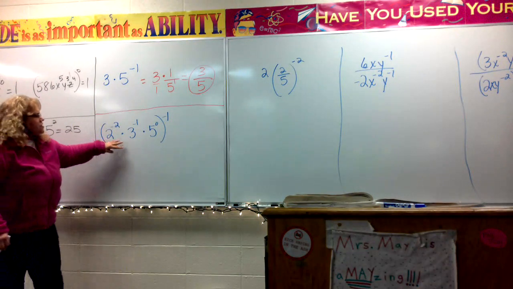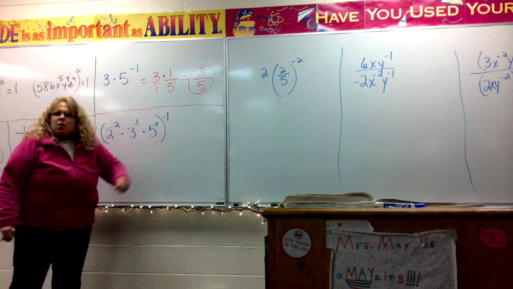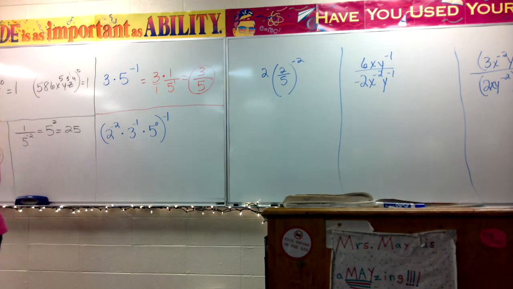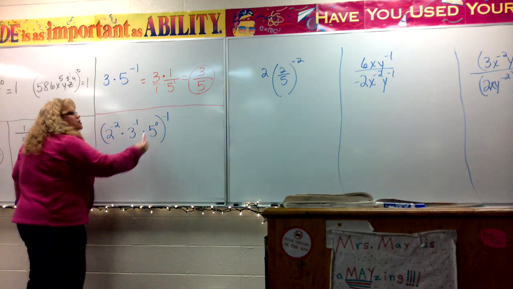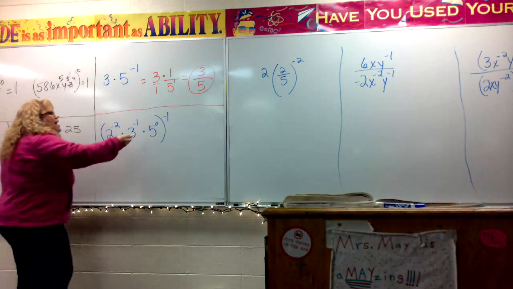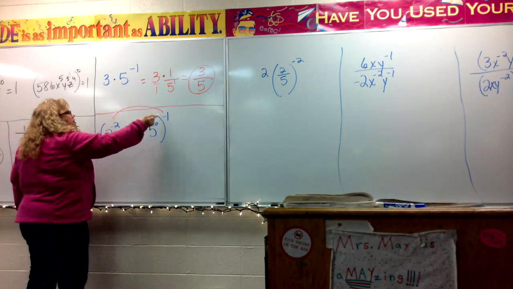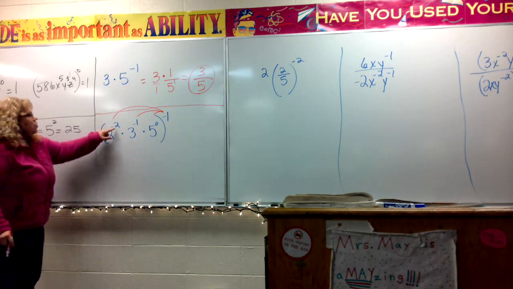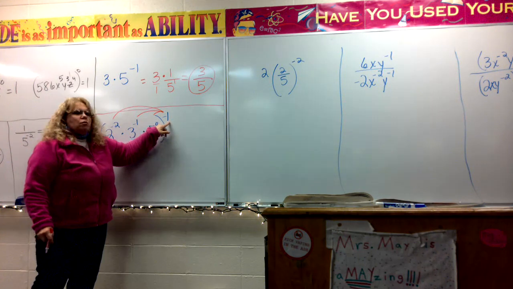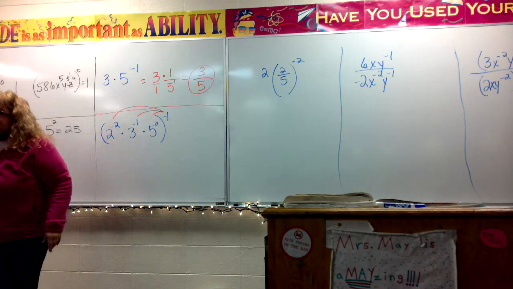I have all this stuff in parentheses and an exponent outside the parentheses. You remember way back when we reviewed exponents at the beginning of the year, if you have an exponent outside, doesn't matter if it's positive or negative, that exponent goes with all of those. And when you have a power to a power, do you add or multiply?